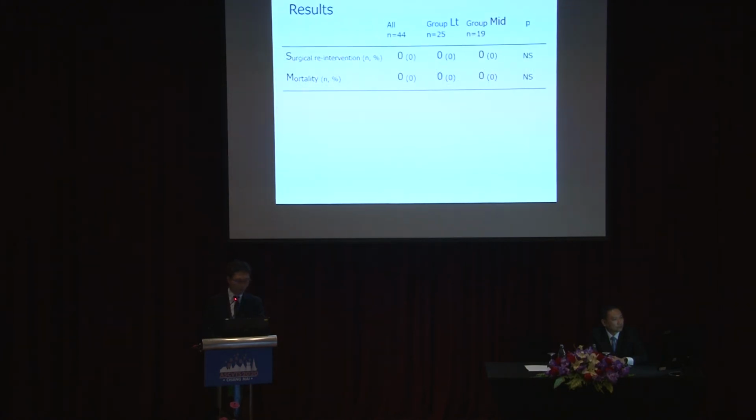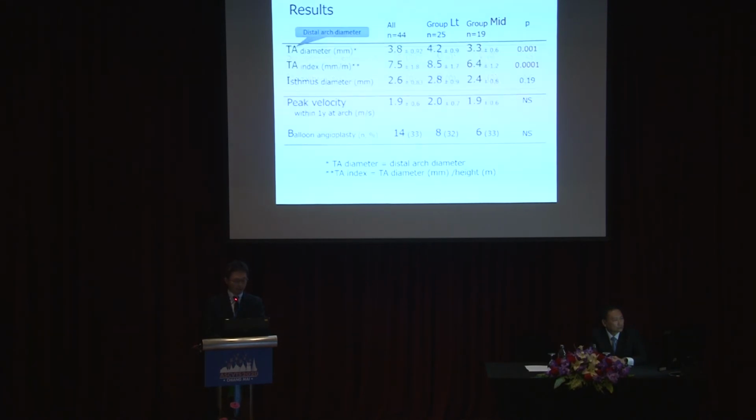This slide shows the results. No surgical intervention has been required in early and long term after the operation, and there was no mortality. The TA index in group left was significantly bigger than in group mid, but there was no significant difference in the isthmus diameter.